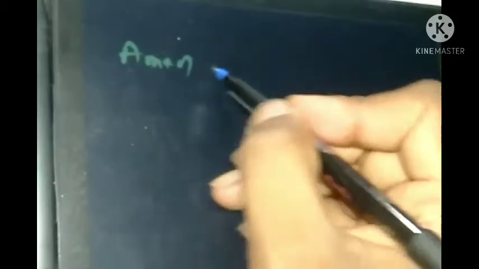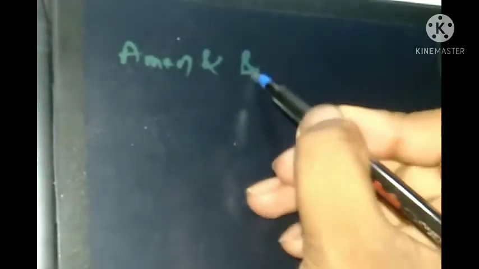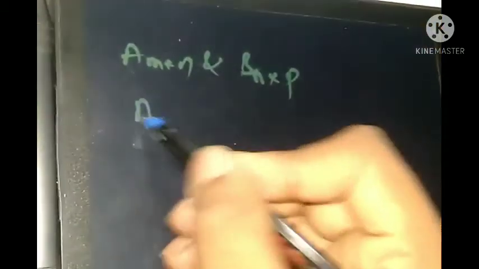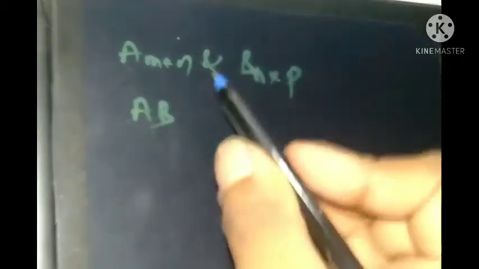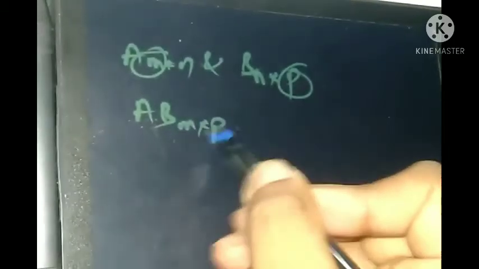What is multiplication? Suppose we consider any m by n matrix and any n by p matrix. We consider any two matrices, then the order of the resultant AB must be m by p.